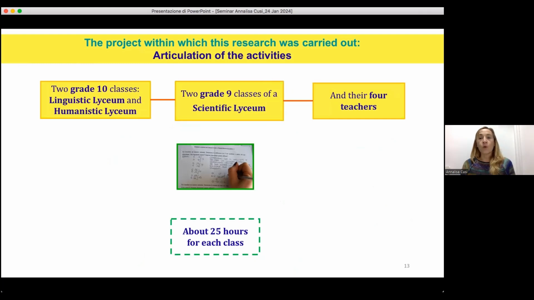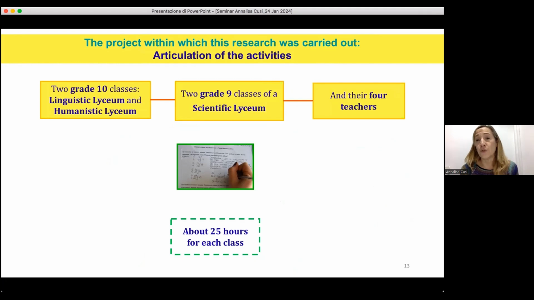This path was experimented in a teaching experiment that involved 4 different classes, 2 grade 10 classes, one from a linguistic lyceum and the other one from a humanistic lyceum, and 2 grade 9 classes from a scientific lyceum. All these classes were in Italy.